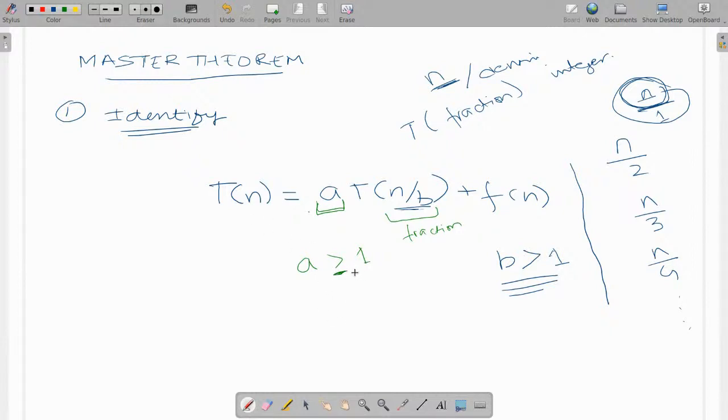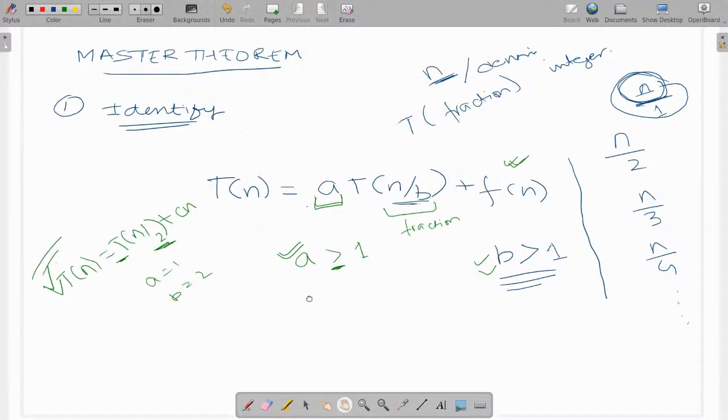For example, say T(n) = T(n/2) + cn. This is solvable by master theorem. Why? Because a here is 1 and b here is 2. This condition is satisfied, and f(n) is there as cn, so this is solvable by master theorem.